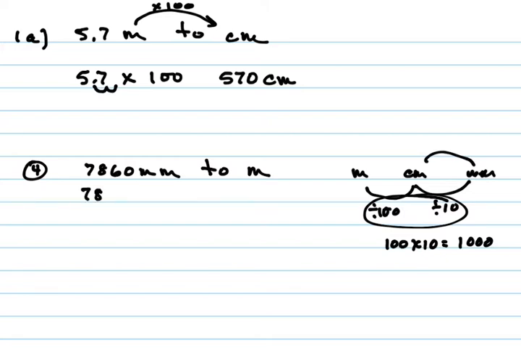So it's 7860 millimeters. So 7860 divided by 1,000. Remember, dividing by 1,000 is simply going to move that decimal how many places? 3 zeros, so 3 places, yeah? So right now it's at the end, so 1, 2, 3. So that's going to give me 7.86 meters.